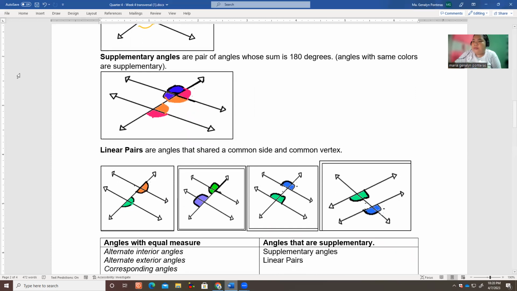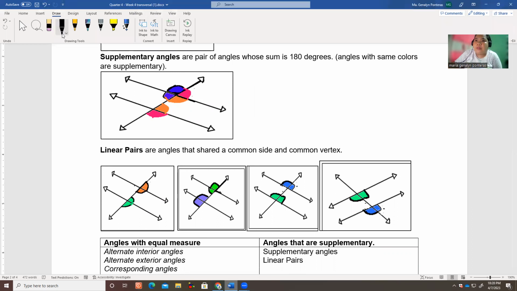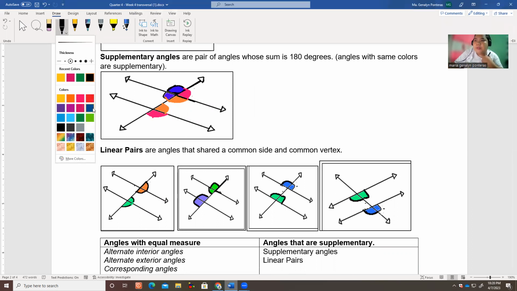So this one is also complementary. Ayan, yung orange, complementary din siya. Yung blue natin, wait lang. Let me finish the drawing. Dark blue yata ito siya. Wait lang.